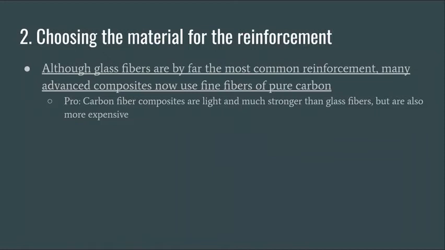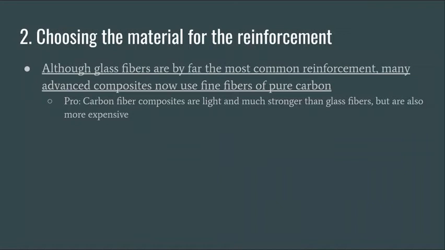So the second step for making a composite is choosing the material for the reinforcement. And like I said, engineers will think of properties that they need for the overall composite and plan accordingly. The most common fibers that are used in reinforcements are glass and carbon.